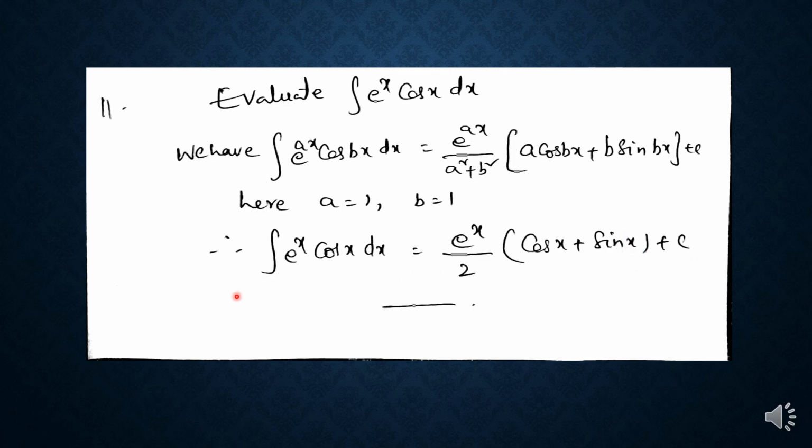So therefore the integral of e^x cos x dx is equal to e^x by 2 into (cos x plus sin x) plus c.